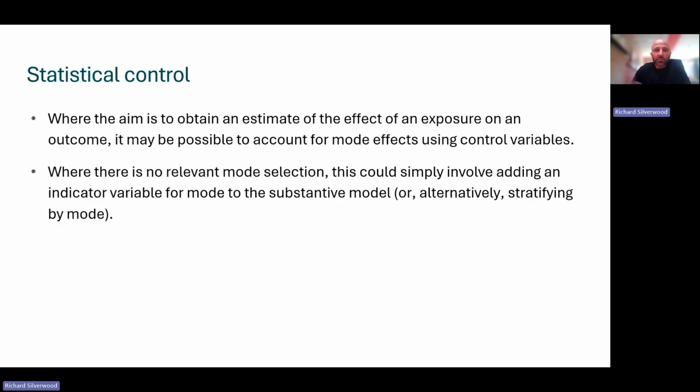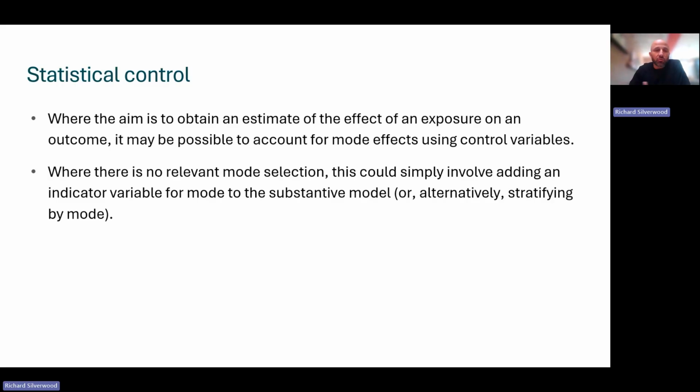So it may be possible, as we've been hearing already, to account for mode effects using control variables. And the situation I'm going to be considering over the next few slides is where we're looking to obtain an estimate of the effect of some exposure, which I'll label X, on some outcome that I'll label Y. So in the very simple settings where there's no relevant mode selection, this could simply involve adding an indicator variable for mode to the substantive model.